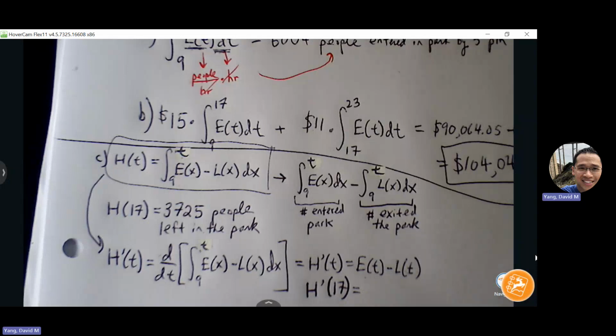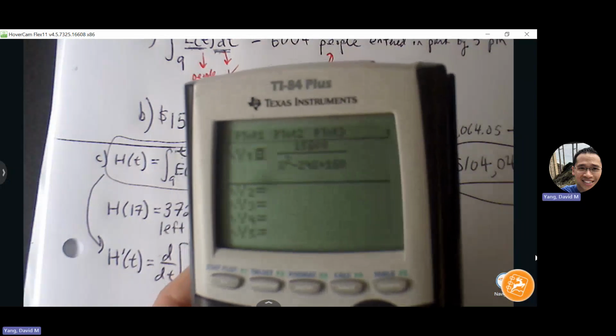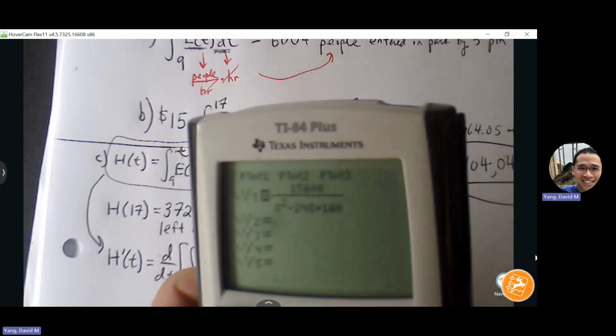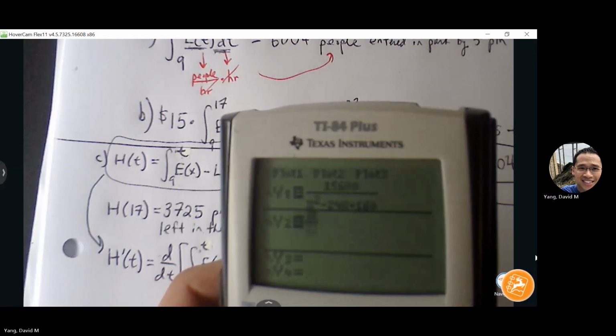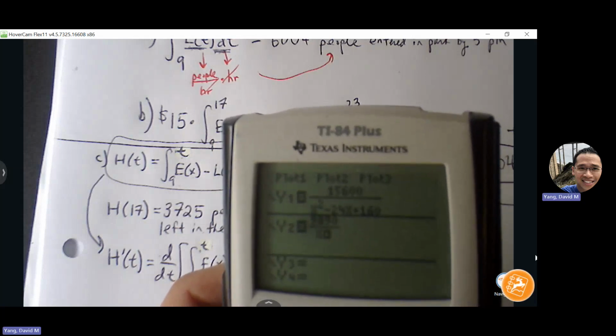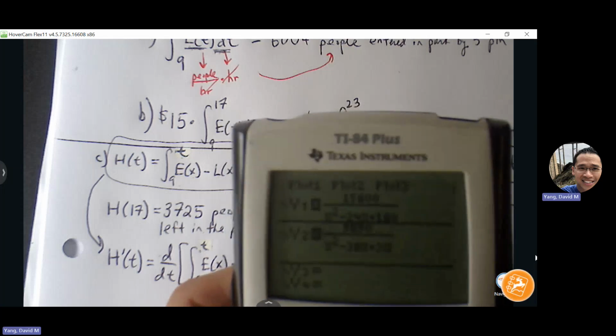So I'm going to use the calculator right now. Y1 is holding E of t, and then I can have Y2 hold L of t. So again, I'll do alpha y equals 9890 divided by x squared minus 38x plus 3.